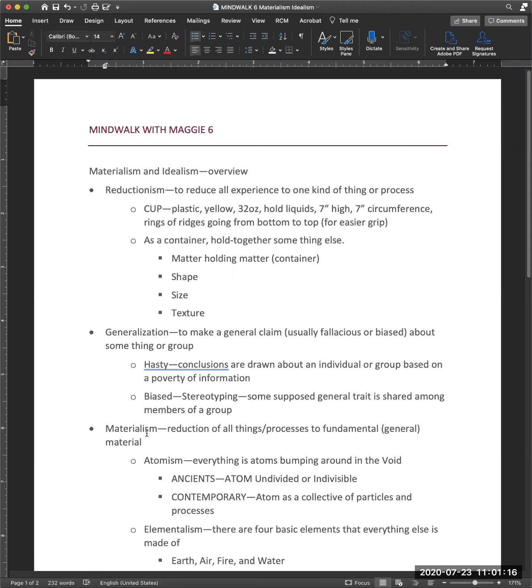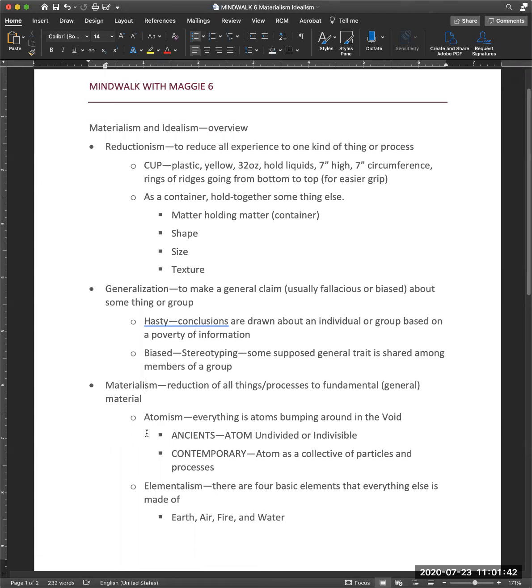Now, two reductionisms that are quite vicious and often lead to generalizations about the structure of the world, and sometimes lead to biased stereotyping about some people in the world, are materialism and idealism. So we'll start with materialism.